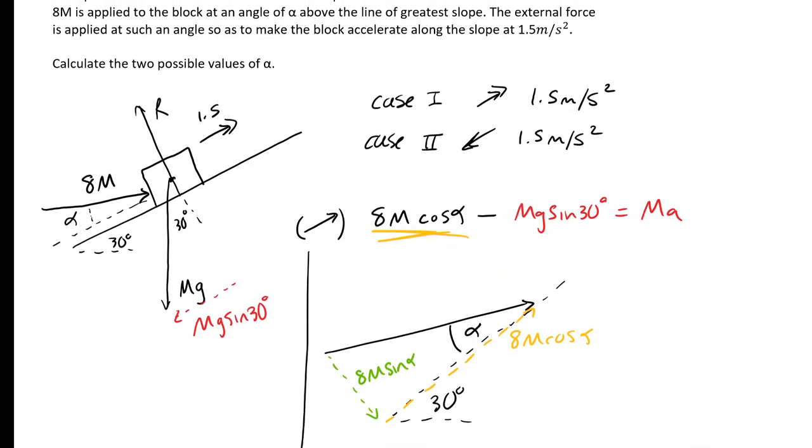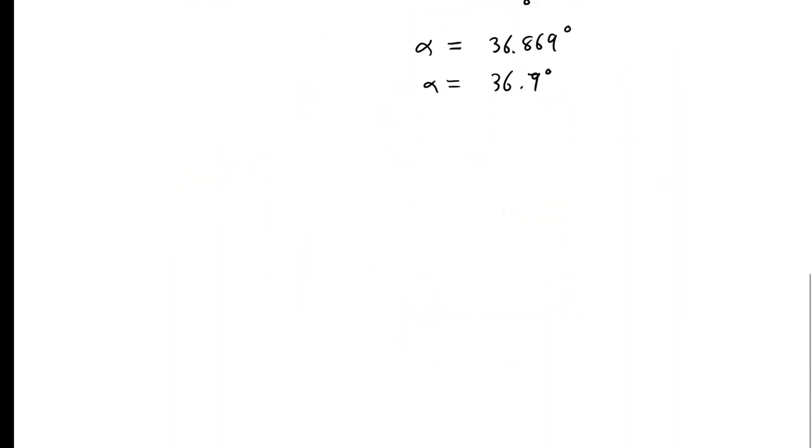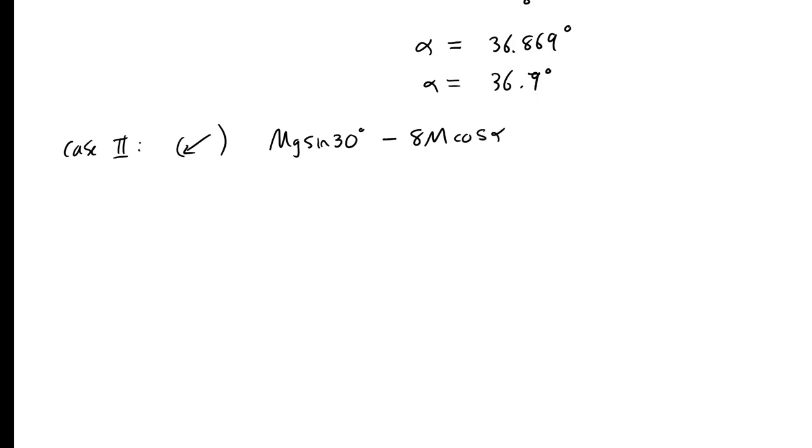We should also consider case 2 where this ends up accelerating down the slope. So in case 2, we're going to take down the slope to be positive. So with that, mg sine 30 degrees acts down, and 8m cos alpha must be acting up, so it's negative in this case.